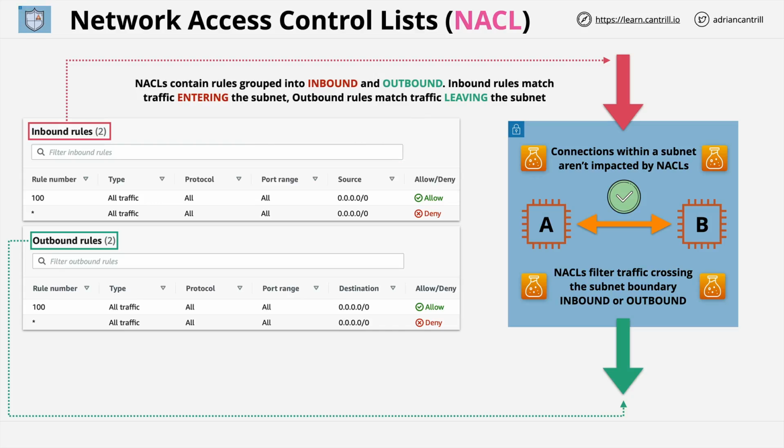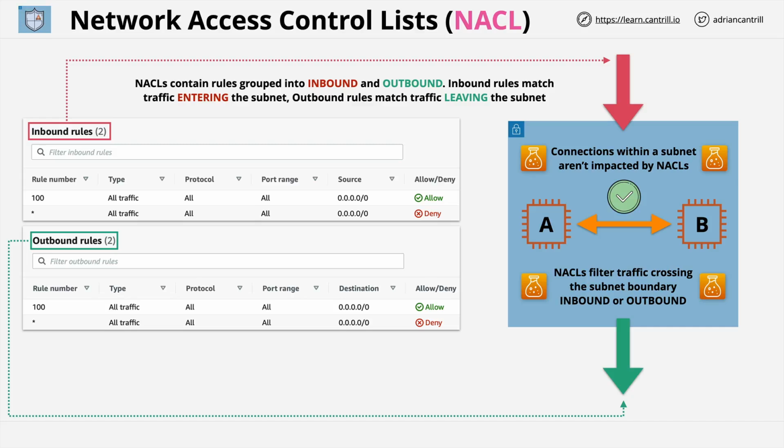Remember from the previous lesson, this isn't always matching directly to request and response. A request can be either inbound or outbound, as can a response. These inbound and outbound rules are focused only on the direction of traffic, not whether it's request or response. In fact, and I'll cover this very soon, NACLs are stateless, which means they don't know if traffic is request or response.